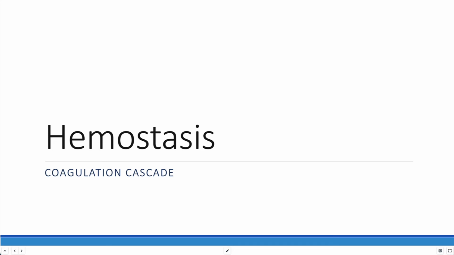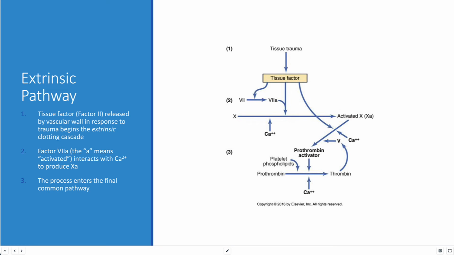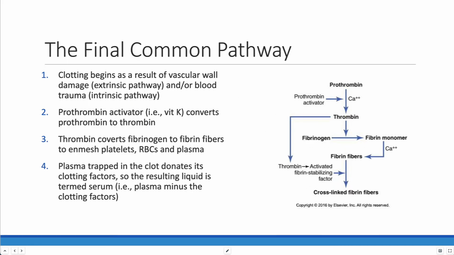Let's talk about hemostasis. Remember, there's an intrinsic pathway and an extrinsic pathway, and you can familiarize yourself with these. I'm not going to go through it, but remember, at the end of the day, we have the final common pathway.